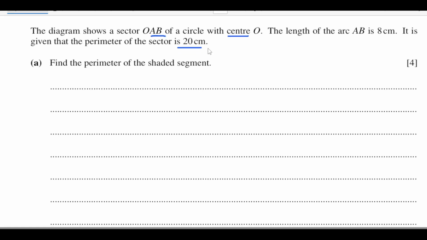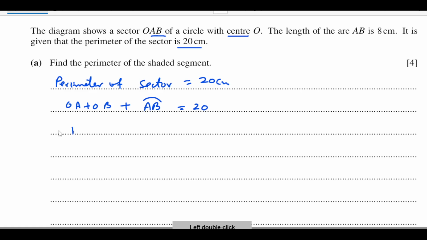For that I will start with the given. We are given that the perimeter of the sector is 20 centimeters, right? So then we have OA plus OB plus arc AB equals 20.